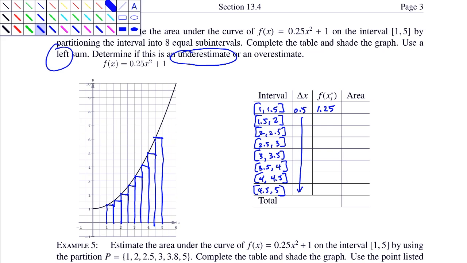So f of 1 is 1.25. The rest of these numbers are all the same. They're just moved down the table a little bit. And you can get these from your calculator. It's the same table screen that we just saw. And multiply these out. I'm doing some rounding here.